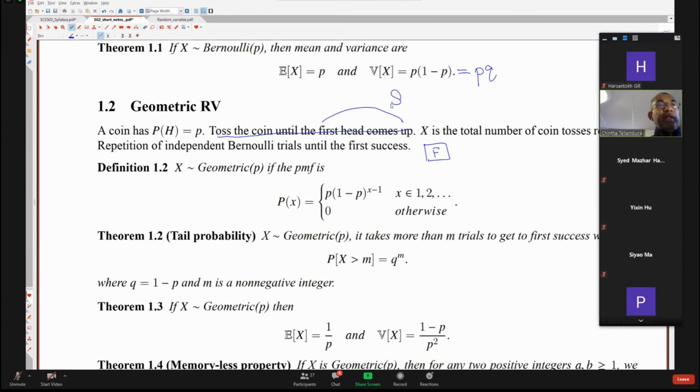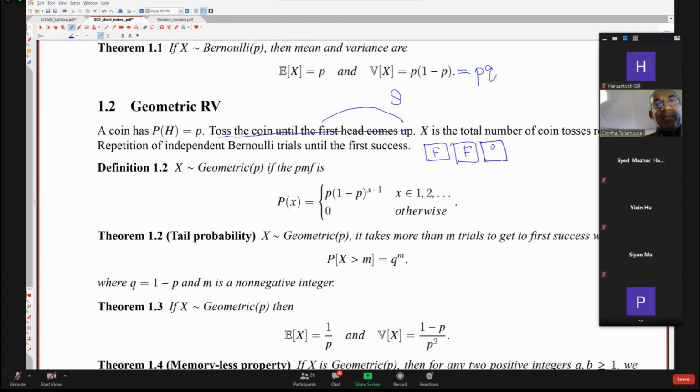So if I get F the first time, I have to continue the experiment. Let's say I do it again and I have F again. You can imagine this happening when you apply for a job. F the first time, F the second time, maybe the third time you're lucky and you get the job.